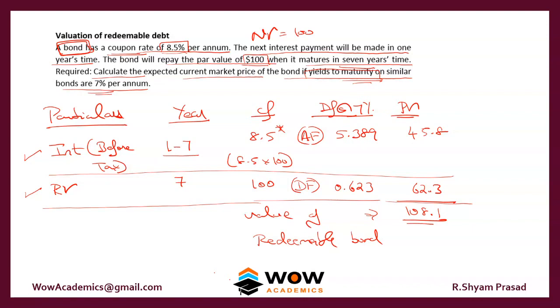The redemption value is a single cash flow which occurs in the 7th year alone. So for the 7th year at 7% the discount factor comes to 0.623. We have got the PV numbers here. We add both and we get the value of the redeemable bond. So that's about the valuation of a redeemable bond.